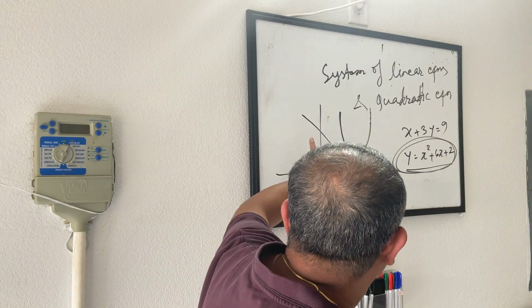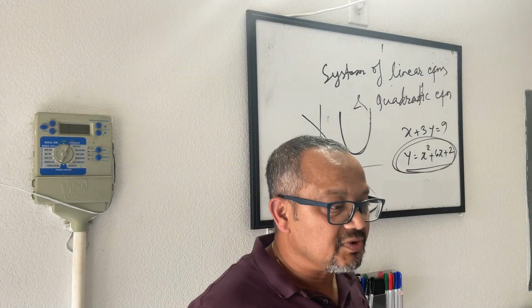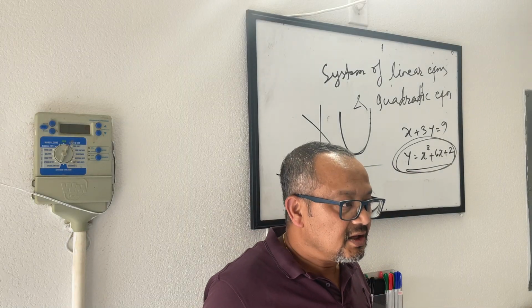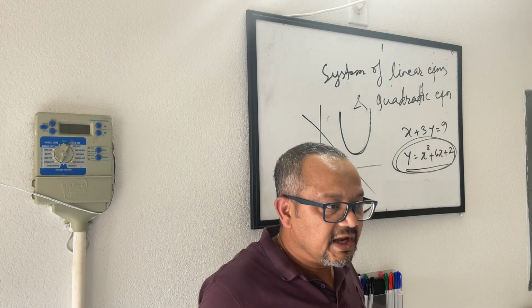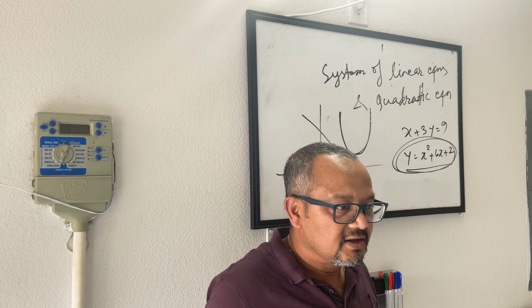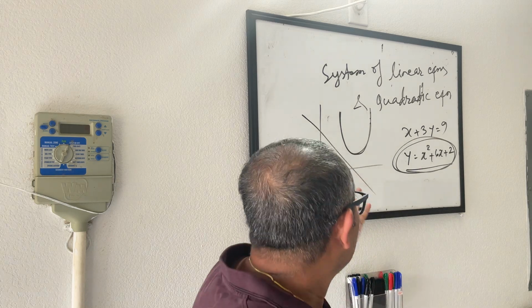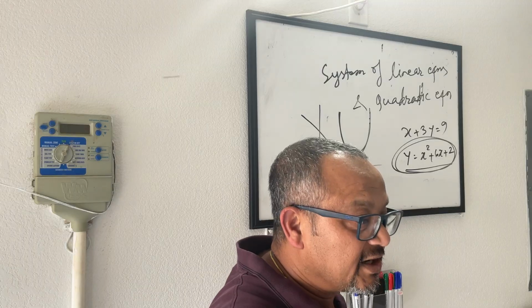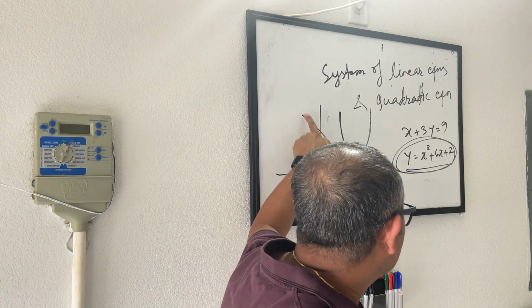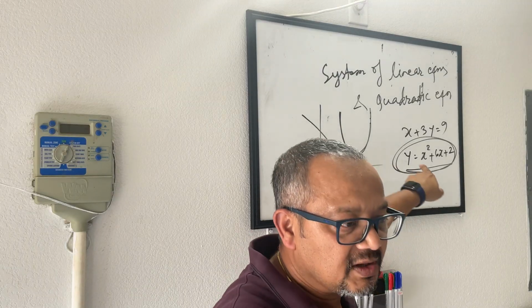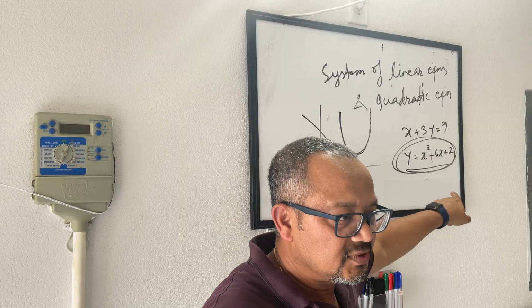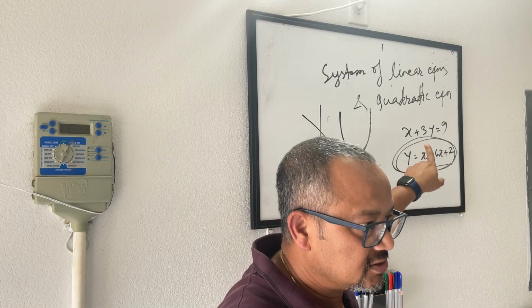Now, between this line and this parabola, what do we see? They don't like each other. They have nothing in common. That's why there is not even a single point which likes the contract of the line and the contract of the parabola.